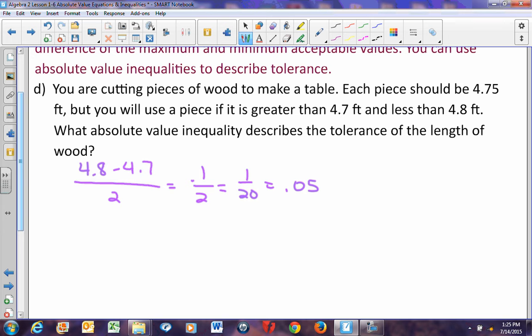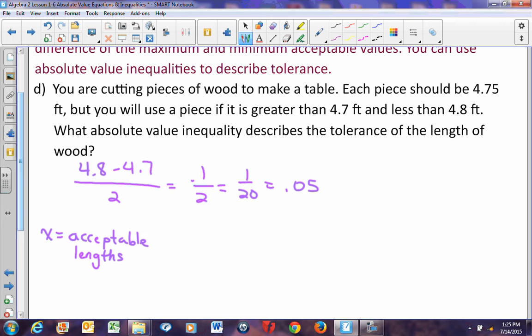So I'm going to write an absolute value inequality that describes my tolerance. I'm going to let x equal my acceptable lengths. So we can be off by 0.05.